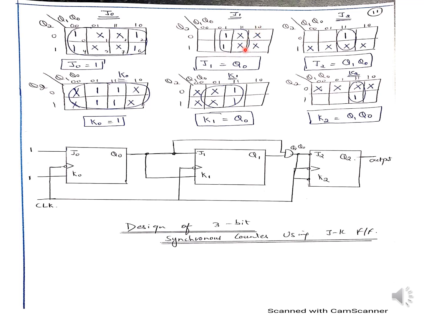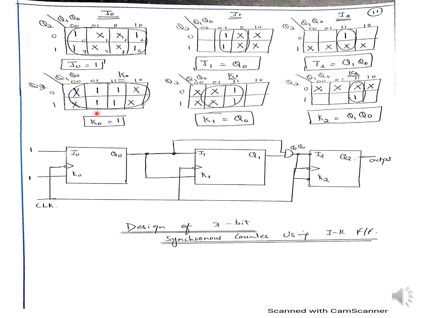Please don't make any pair of these two don't cares, because it is not necessary to include all the don't cares in the pair. So we include only these 4s. So J1 equals Q0. Why Q0? We look at the left-hand side, there is nothing common. At the top it is 0, 1 and 1, 1. What is the thing which is common? 1, and that 1 is Q0. So it is Q0.